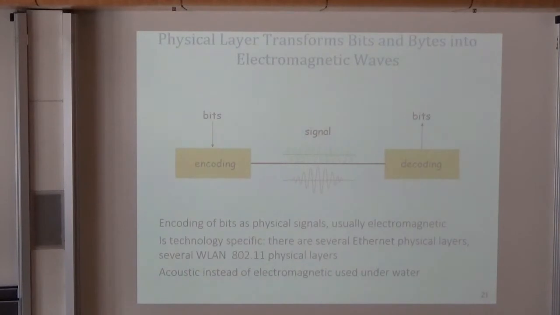The physical layer is taking strings of bits, perhaps individual bits for old physical layers, blocks of bits that are called symbols by more recent physical layers, and then the job is to translate that into a physical carrier that can transport the information. With very few exceptions, that's always an electromagnetic wave.